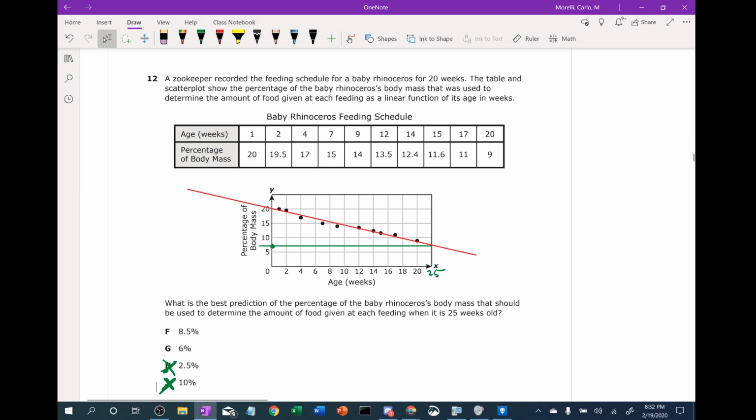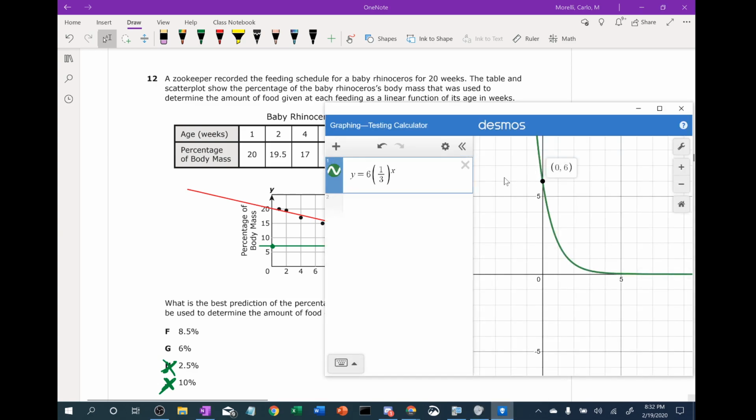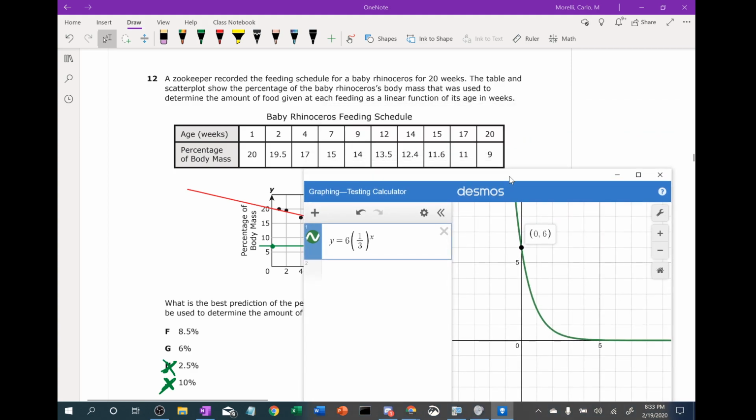I have to show you how to do this, and the best way to do it is, I have to ask you, do you want me to show you how to do it in TI or on Desmos? Okay, so on Desmos, we're going to have to input a table.